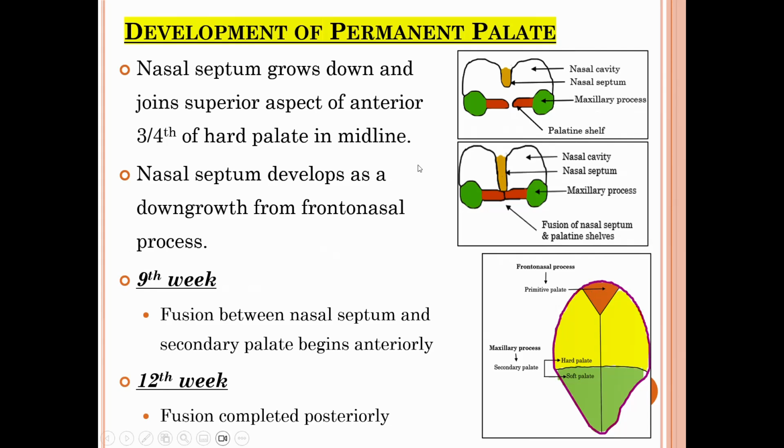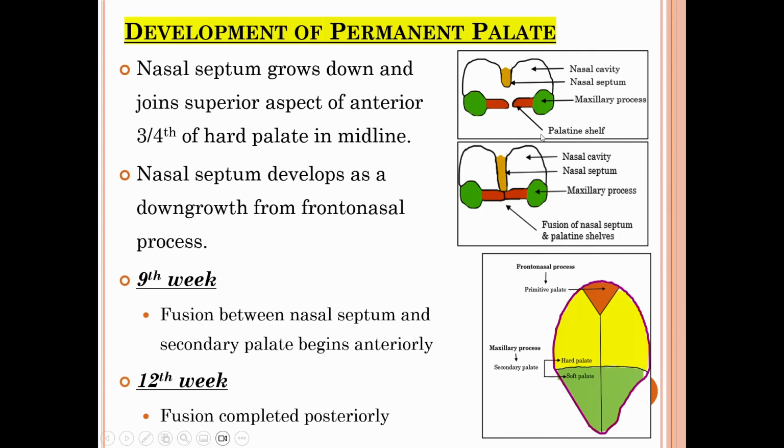Now how is the permanent palate formed? We have seen how the two palatal shelves fuse with each other, forming most of the hard palate and also the complete soft palate.